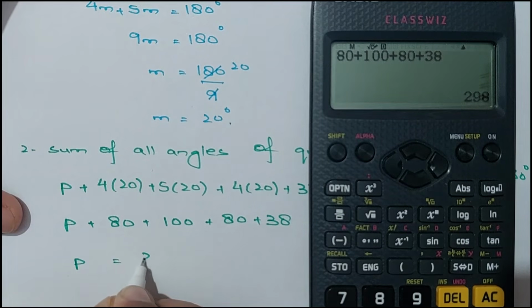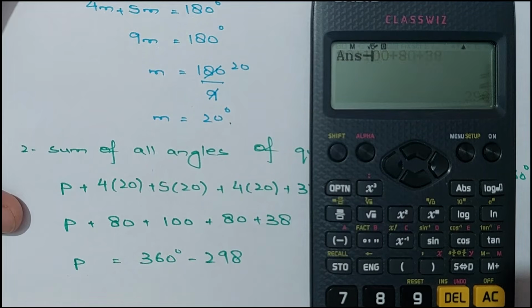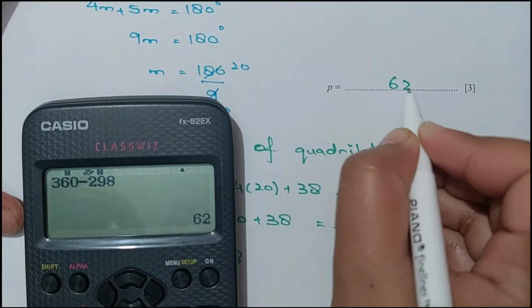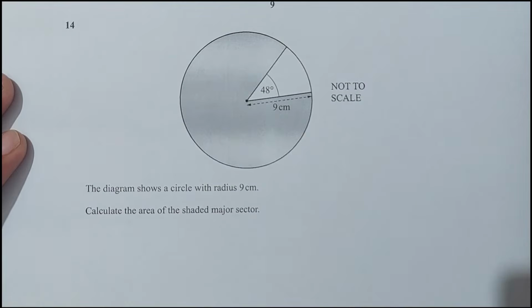P equals 360 degrees take away 298. Sorry, 360 minus 298 is 62 degrees. So P angle is 62 degrees. This is 62, right?